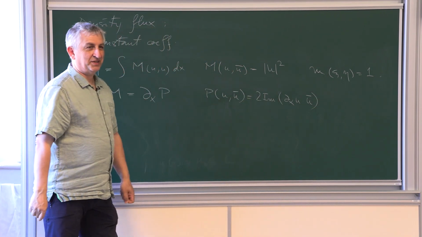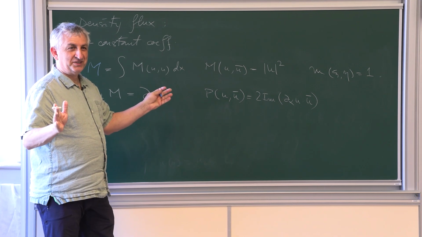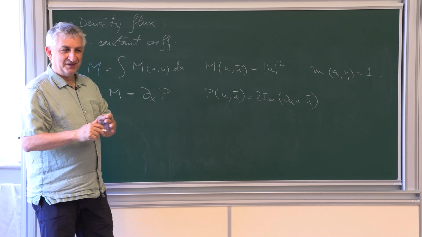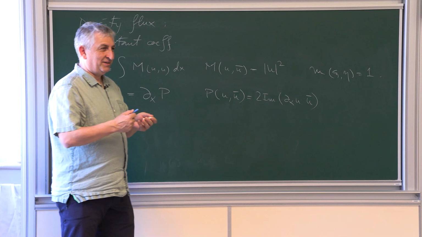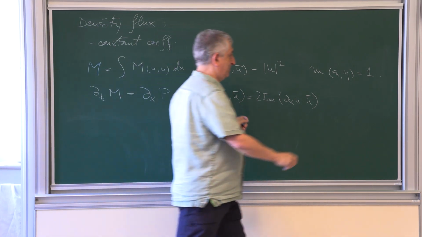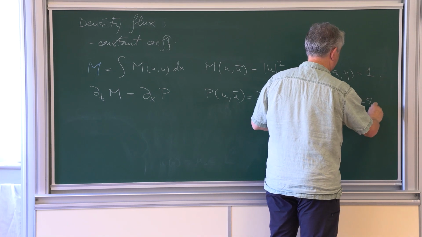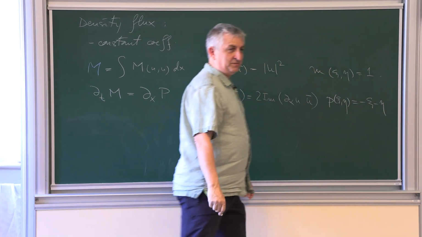In any case, it doesn't matter, because in these papers we really don't like to do integration by parts. So we do everything at the level of symbols. And so what we care about is the symbol of the momentum. P of xi and eta is minus xi minus eta.